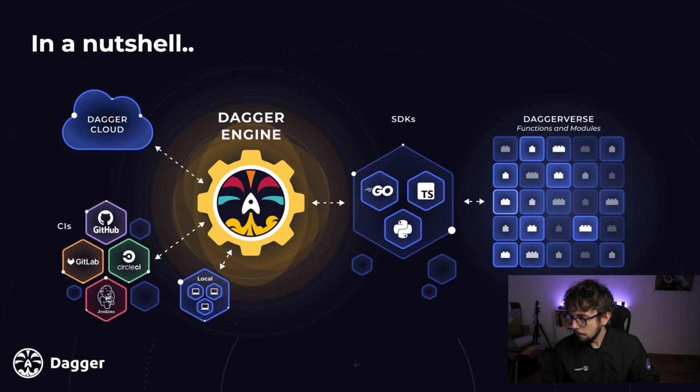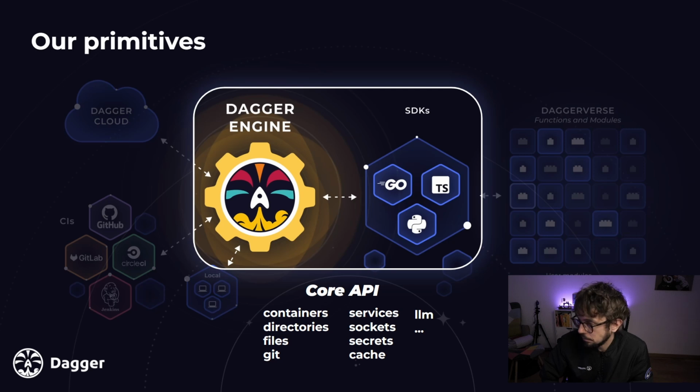Right, so now, how can you do all of this? Everything starts from the Dagger engine. The engine is something you can imagine like a magic process that is running inside a containerized environment, so separated from your host system.